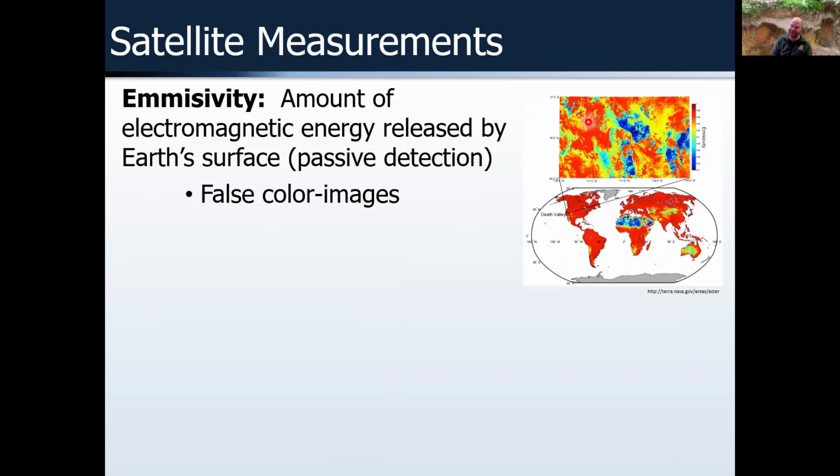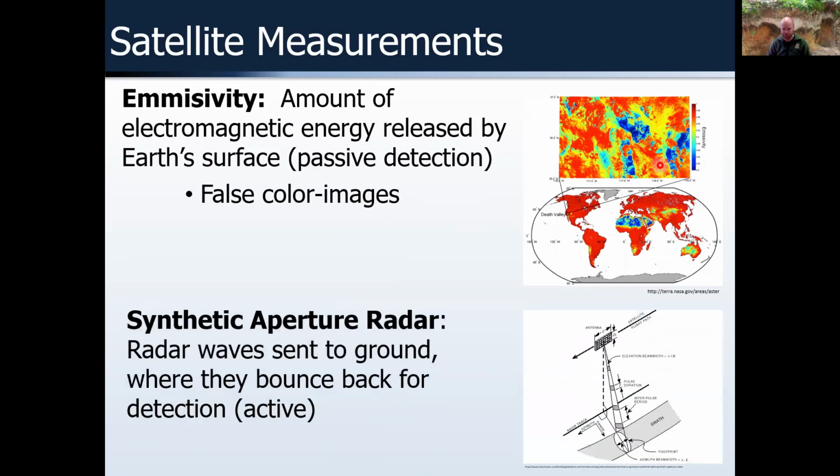So you can assign a large value a red color, and you can assign a smaller value, like a colder temperature, a blue color, and then you can have a ramp in between to represent that. It is passively collected, so in that case the satellite is simply receiving that data. It is not sending any information out. It's just receiving what's there underneath it. And so again, we have these false colors. We're going to add color to aid our interpretation.